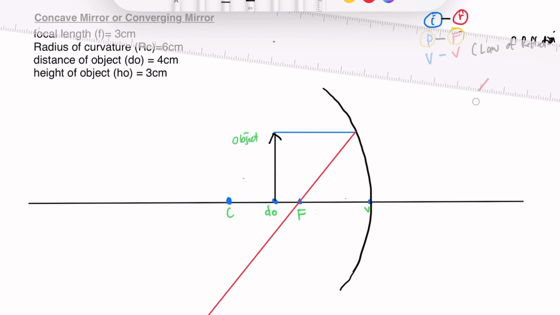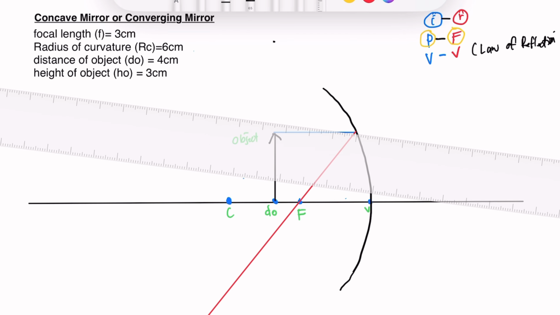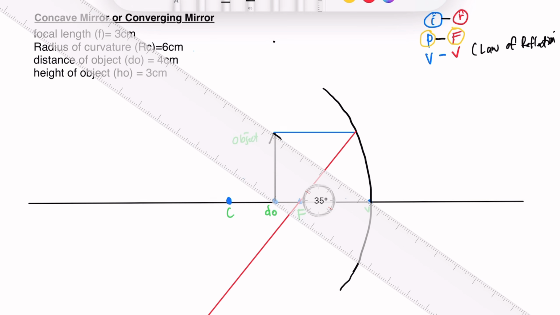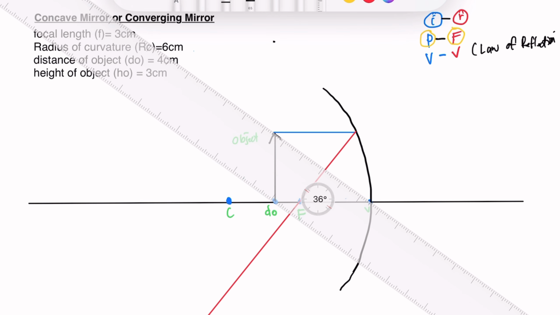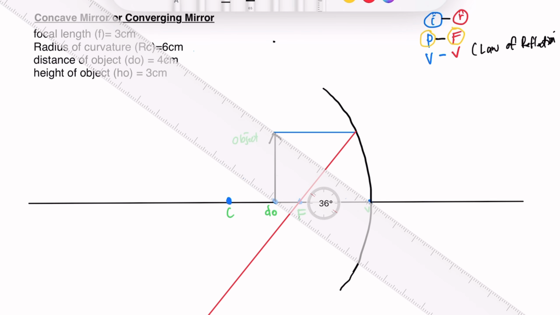Next would be our VV ray. Again, we align our ruler, placing it on the topmost part of our object and angling our ruler towards the center of the curved mirror. I'm going to use blue. As you can see, the angle from the horizontal line to the incident ray is 36. You may use a protractor if you have one for this.